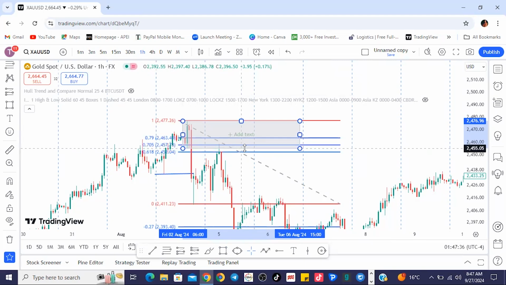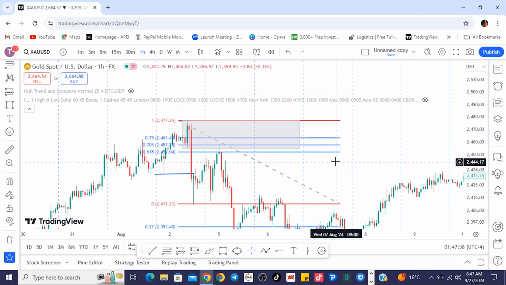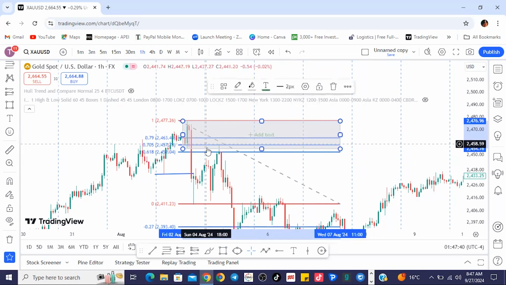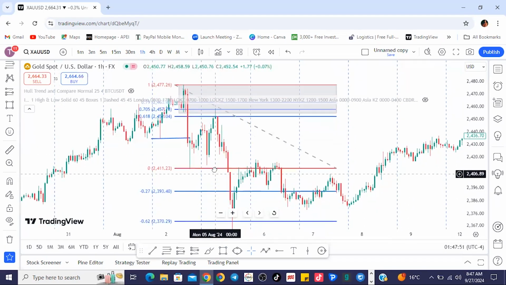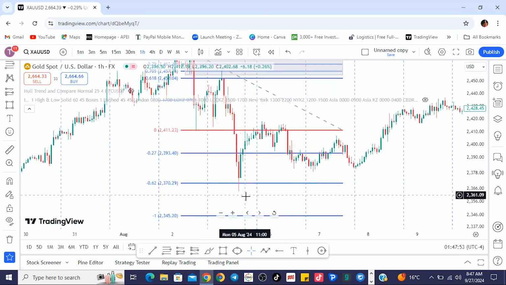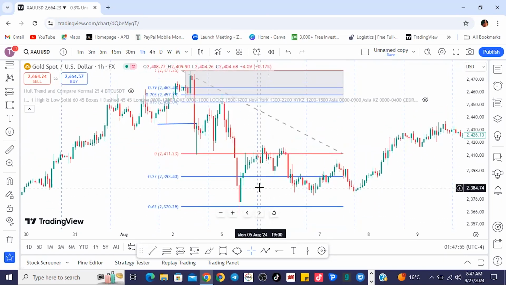From there, you can see the price tapped into that point of interest within a key Fibonacci retracement level, and we see the price dropping. So this is where we have our scalping take profit, then take profit 1 and take profit 2, and you can see how the price respected those levels effectively.